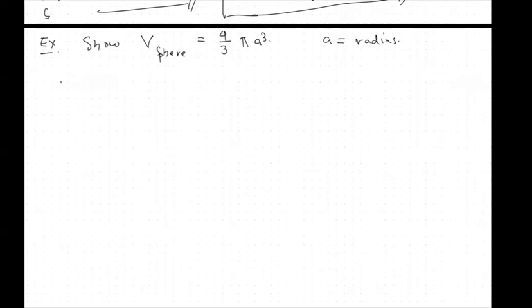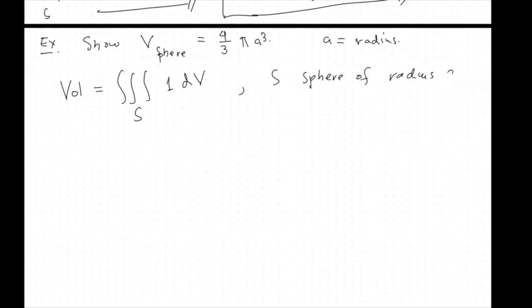The volume is just equal to the triple integral of 1 dV over our sphere S, where S is a sphere of radius a. Let's draw the sphere of radius a. It's like this, and this is rho equal to a.